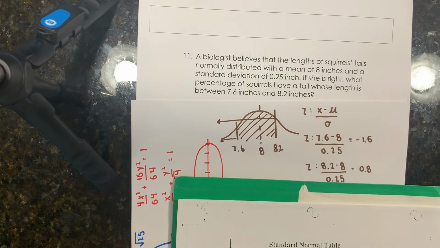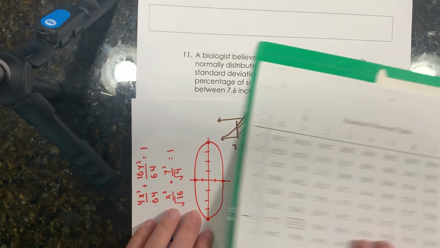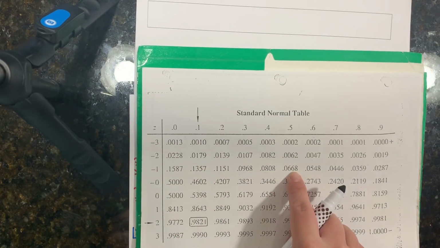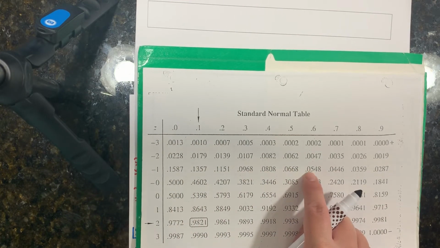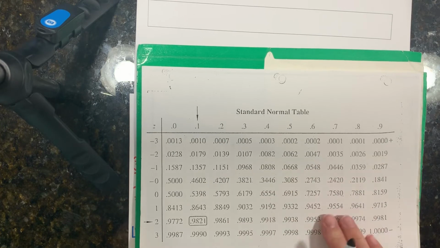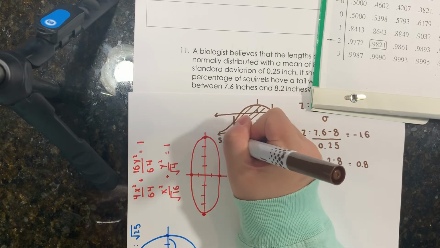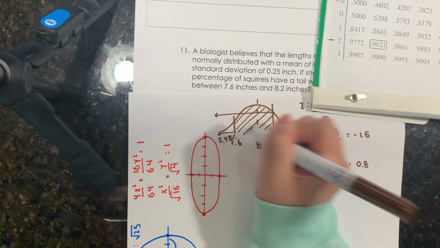For the first one, I'm going to go down to negative 1 and then over to 0.6. That means that percentage is going to be 5.48. So the percentage that falls below is 5.48%.